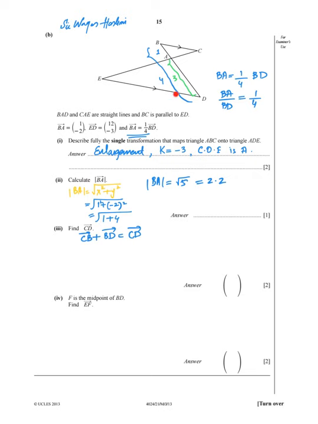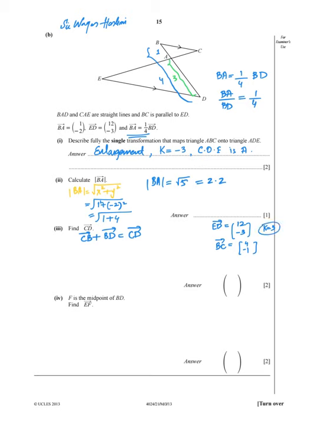So you have ED, which is (12, -3). If I need to find BC, I need to divide by the scale factor. So that will be (4, -1) because the scale factor we have is 3.